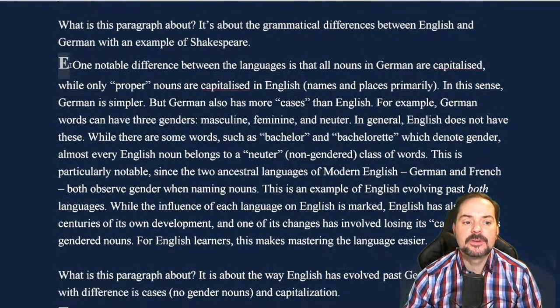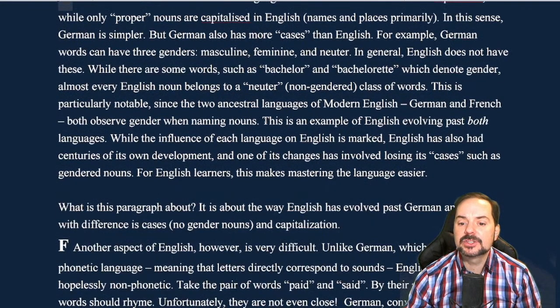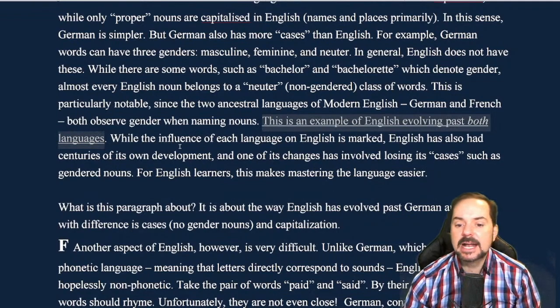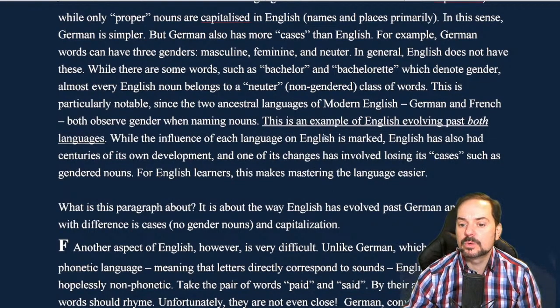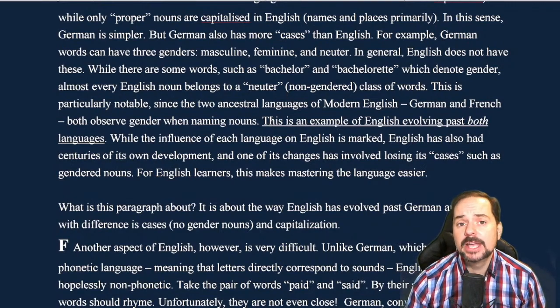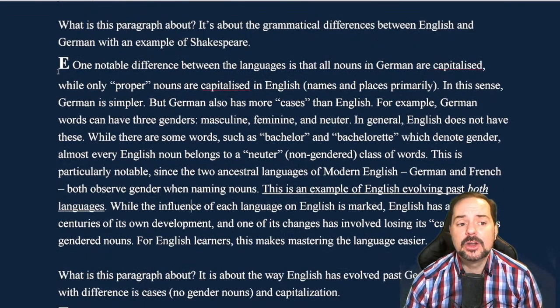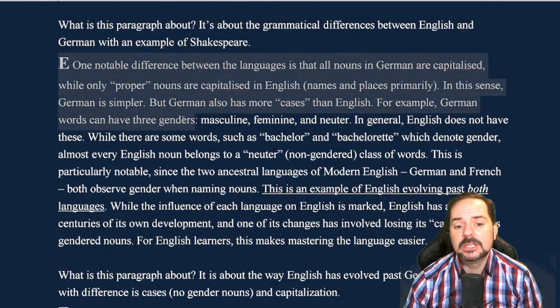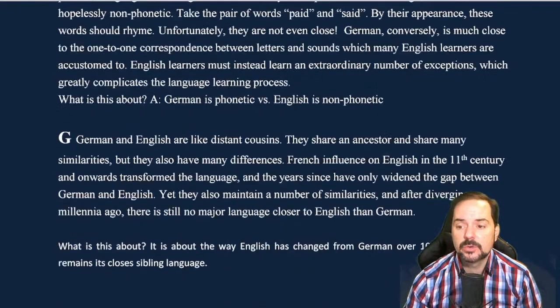So this is from paragraph E, okay? And here's the answer to this sentence. This is an example of English evolving past both languages. And notice how we don't have any of those words, so you really can't skim or scan for this. And if you were trying skimming or scanning, you would have had to get all the way to paragraph E to even get the chance to answer this correctly.